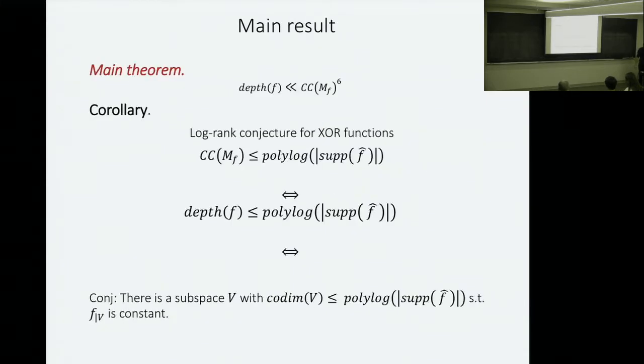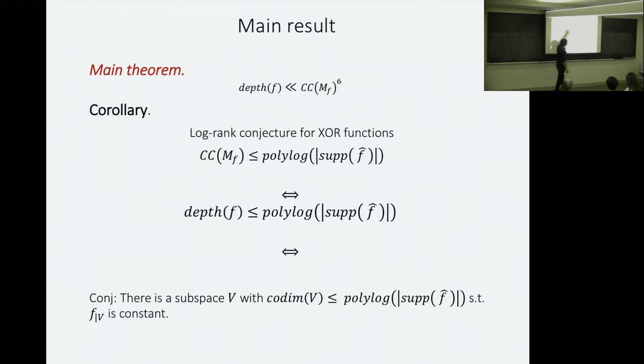Okay. So now this has an immediate corollary. What was the Lagrange conjecture for XOR functions? It was saying that the communication complexity of a matrix is at most polylogarithmic in the rank of the matrix. And if we're looking at these special XOR matrices, the rank of that matrix is just the number of non-zero Fourier coefficients.